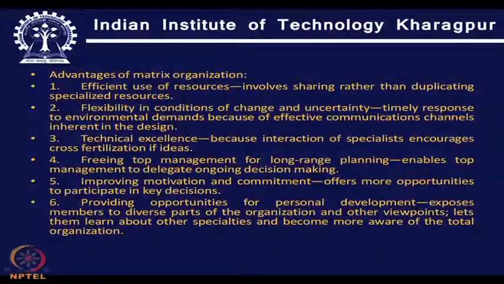If one is from the functional area and the other is from the product area, the sharing of information helps in cross fertilization of ideas. Then freeing top management for long range planning. It helps the top people to delegate their responsibilities of ongoing decision making.